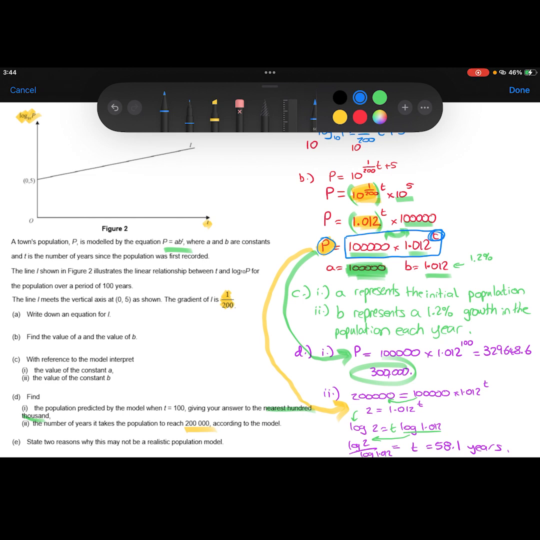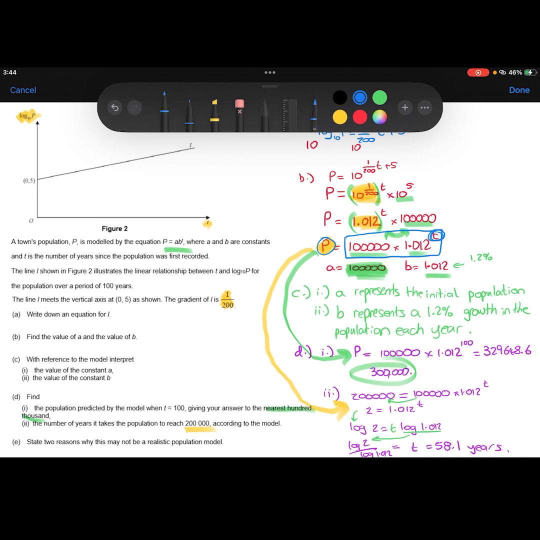And it's going to keep on getting bigger and bigger. There isn't an upper limit for what the population could be, which is a bit unrealistic, because at some point this population is going to run out of food or run out of space, or there's going to be some reason for an upper limit to the population. It can't just keep on going forever. So that's one reason why it's not a realistic population model, because there's not an upper limit.